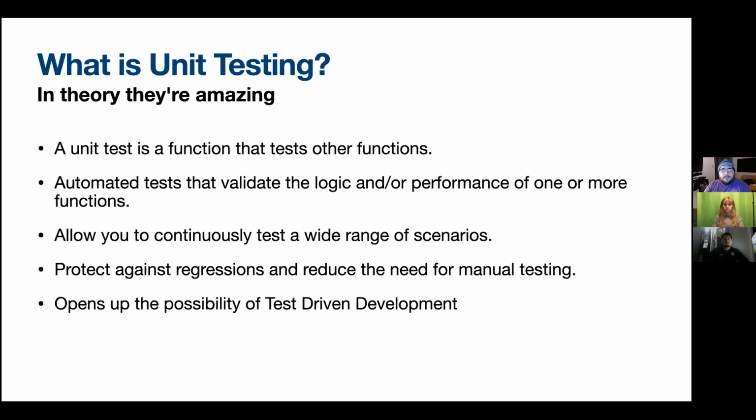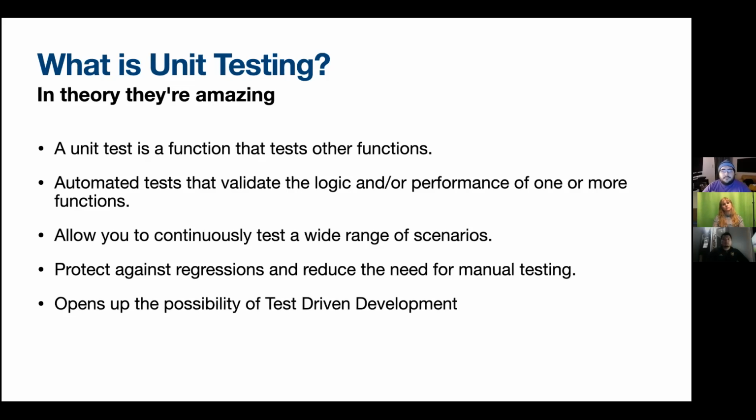Unit testing in its essence is a function that tests other functions. So these units that test other functions can be automated, and that really gives them a lot of power, right? They help you validate the logic and or the performance of your app. They can be plugged into a continuous integration setup like GitHub Actions, Fastlane, things like that.